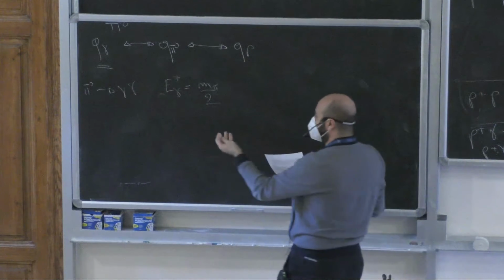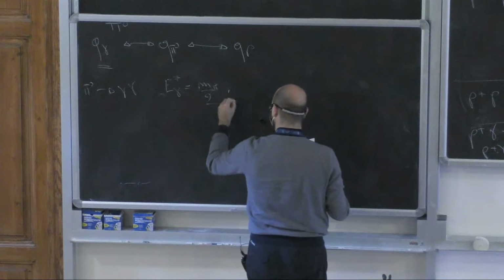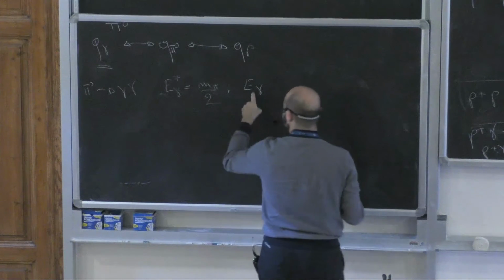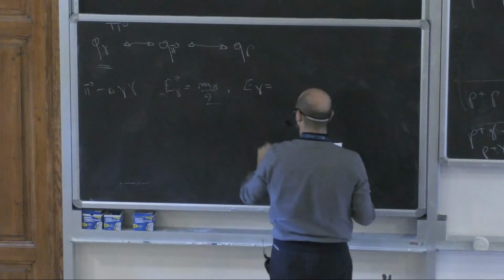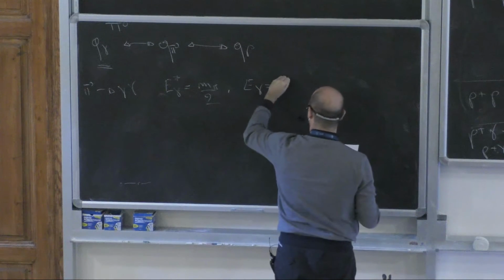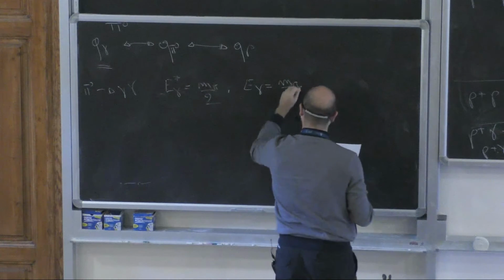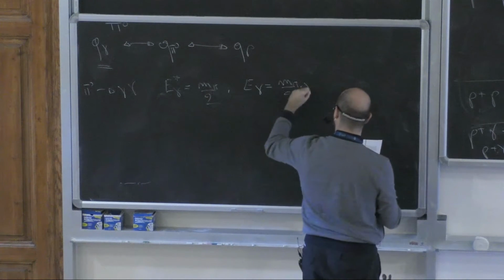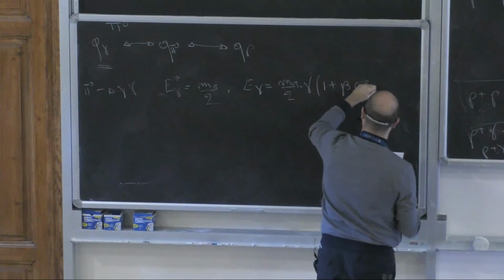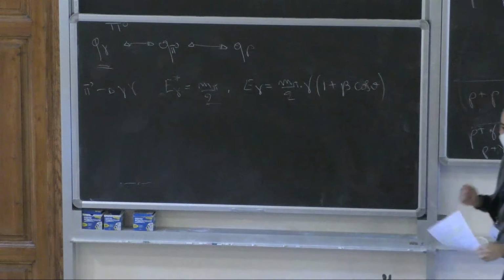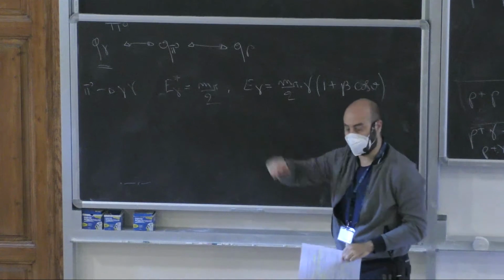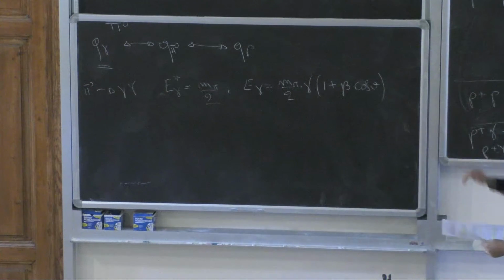And there is a typical velocity beta, which means that the energy of your gamma ray in the lab frame is given by the energy in the rest frame, m pi over 2, times gamma, times (1 plus beta cosine of theta), where theta describes the relative angle between the velocity and your photon.